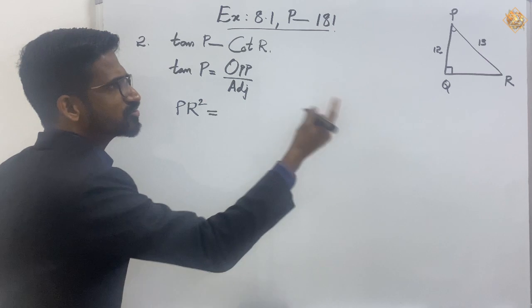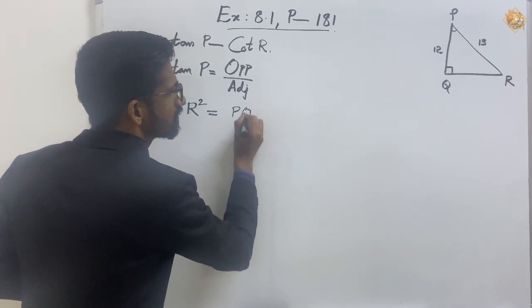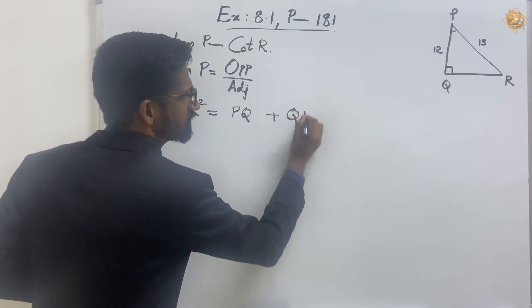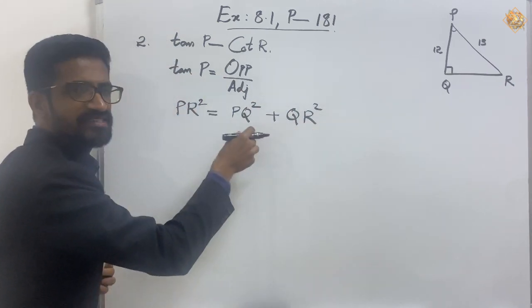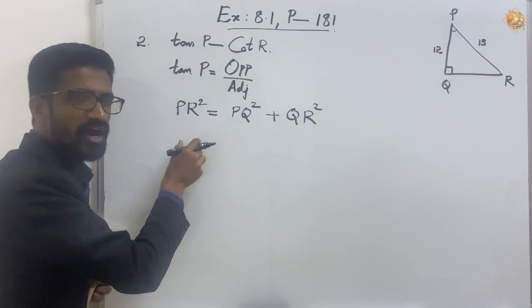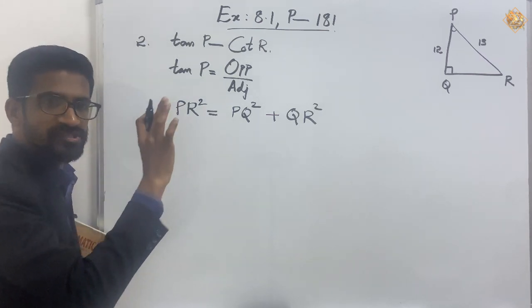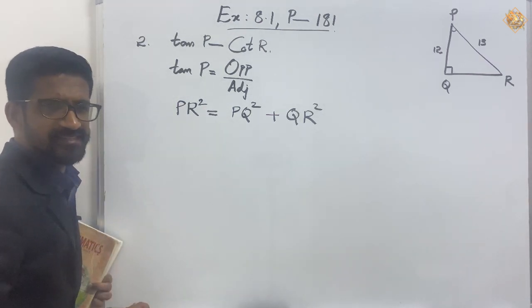Here the hypotenuse is PR, so PR square equals PQ square plus QR square. This is what the Pythagoras theorem states.